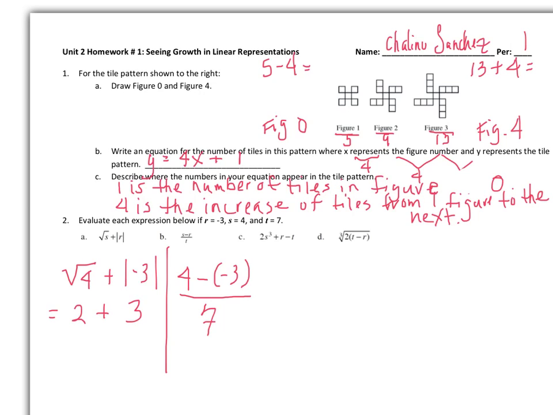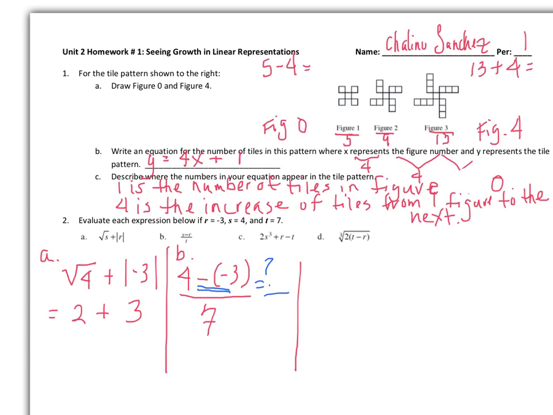Before you solve that one, please remember what happens when you have two negative signs together like that. What is that going to equal? And then divide it by 7, whatever it is. All right. C. That was B.